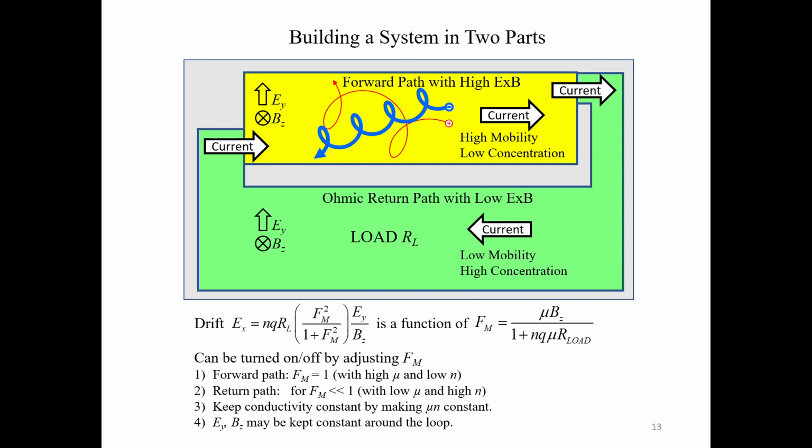Note that the electric field and the magnetic field can also remain constant around the loop. In this system, the forward path acts as the battery and the return path as a load. The current produced by the forward path drives the load in the return path.